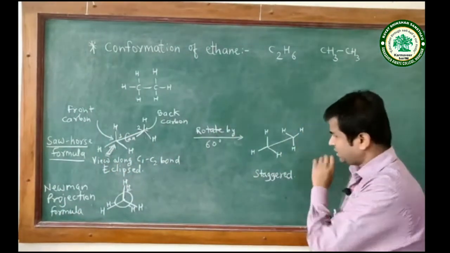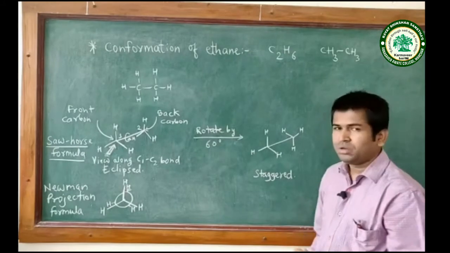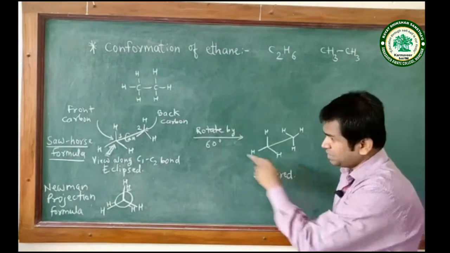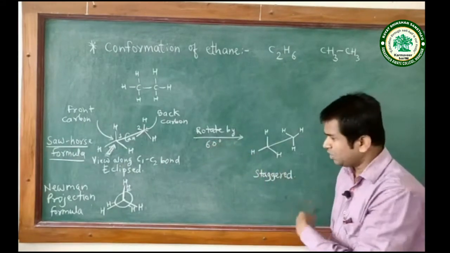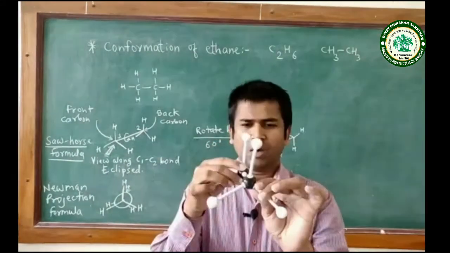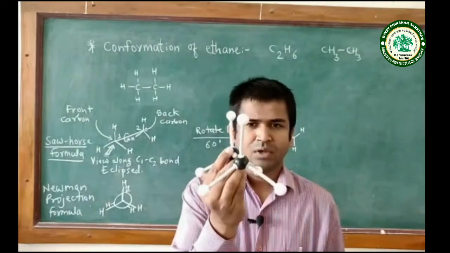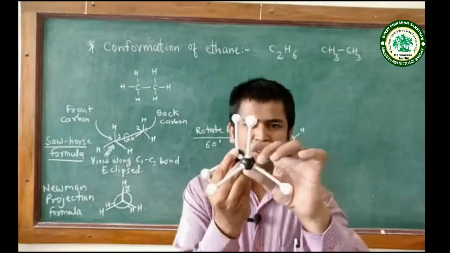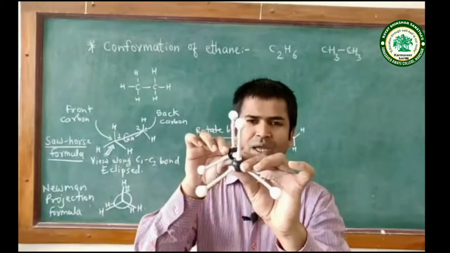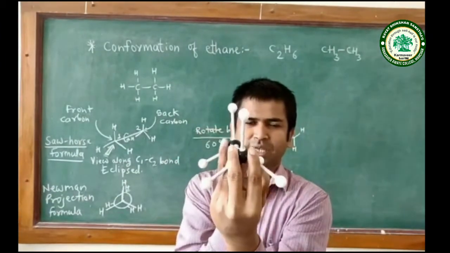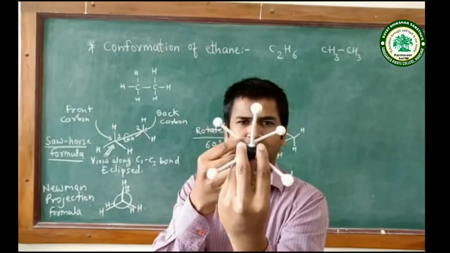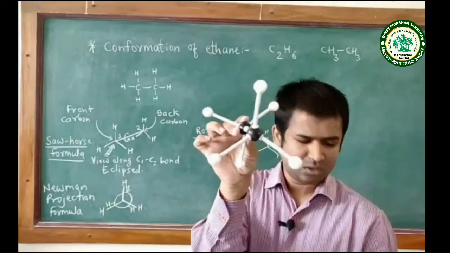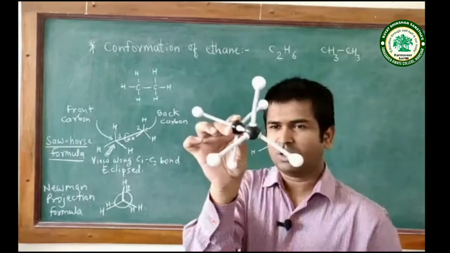Similarly, the staggered conformation in the Sawhorse formula can be drawn in the Newman projection formula. Now consider the Newman projection formula. Okay. So we fix carbon number 1 and rotate carbon number 2 by 60 degrees like this. So the structure obtained is like this. Getting this? So this can be drawn here.